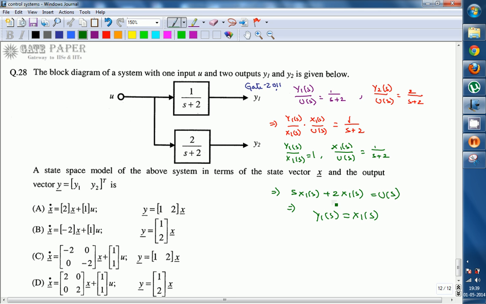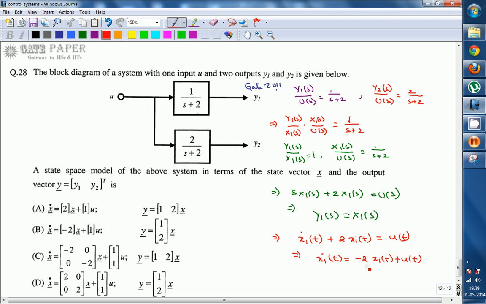So by applying the inverse Laplace transform for this, we know that s into x1 of s is obtained from the differentiation property. So this is nothing but x1 dot of t plus 2 into x1 of t equals u of t, and so we'll get x1 dot of t equals minus 2 x1 of t plus u of t.